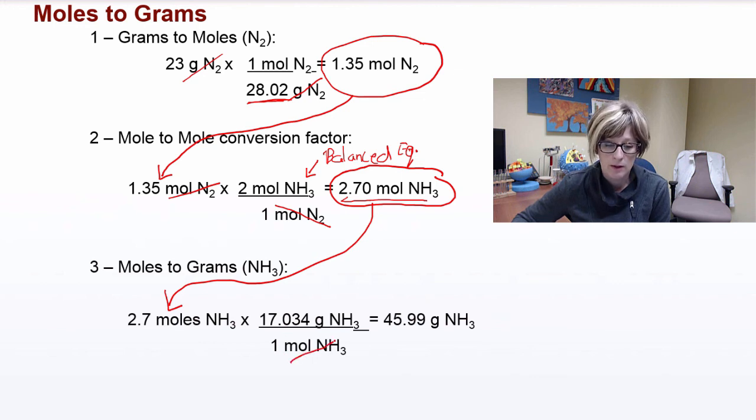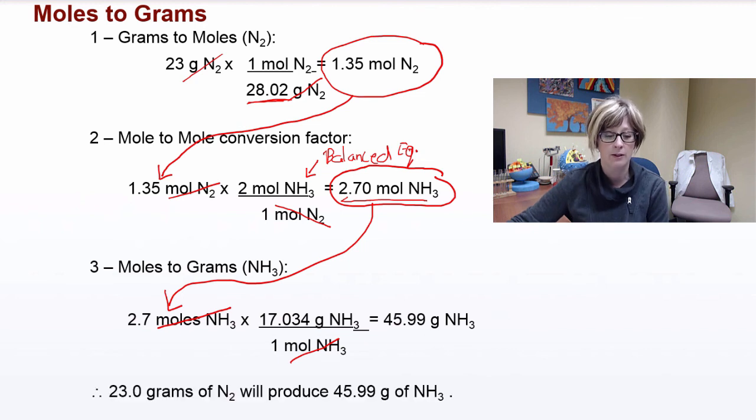My moles of the ammonia cancel out, and since we've already calculated this, that's why we get the flow here. 1 mole of the ammonia weighs 17.034 grams. So when we do this calculation, we get 45.99 grams of ammonia. So that's the answer. Therefore 23 grams of the nitrogen gas will produce 45.99 grams of the ammonia.